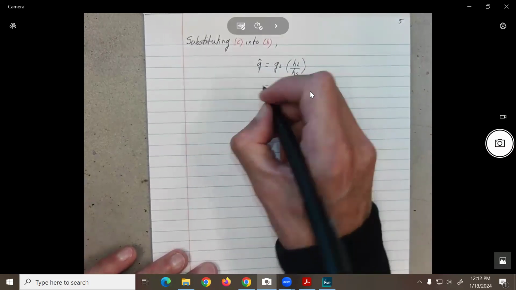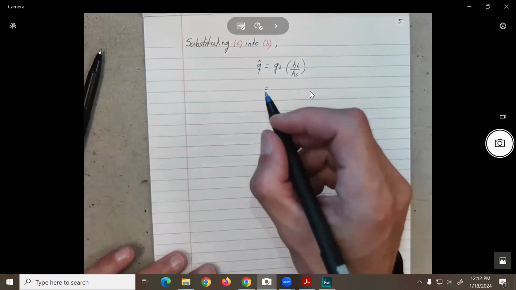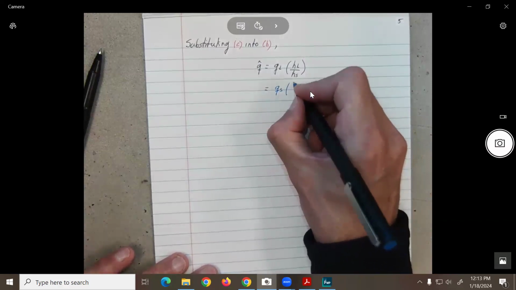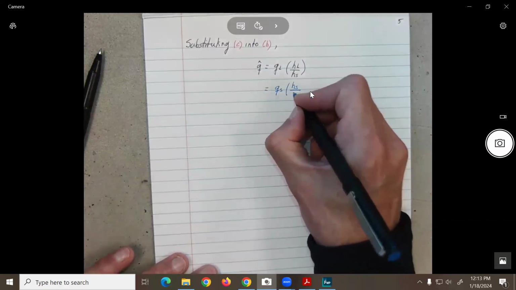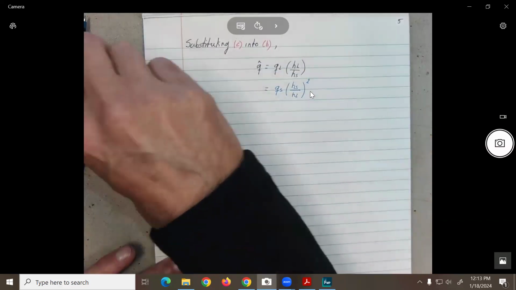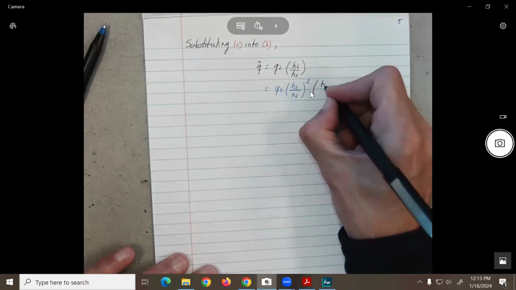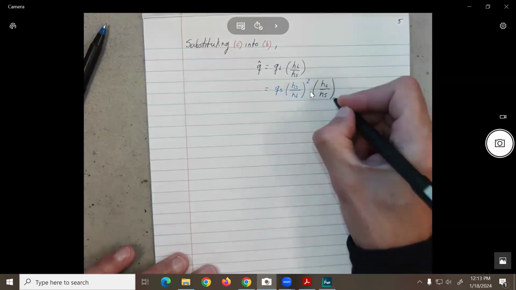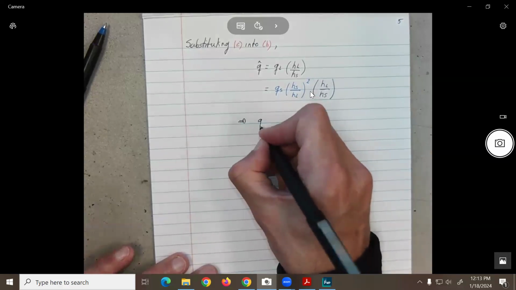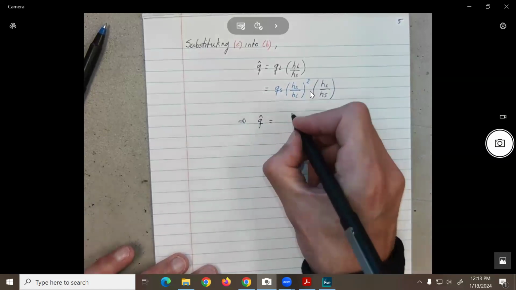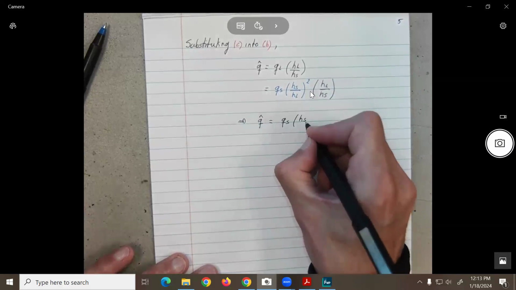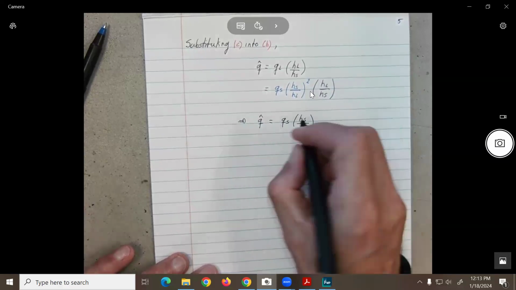So this will become Q short H sub S over H sub L squared, times H sub L over H sub S. So that at the end we have Q hat equal to Q sub S H sub S over H sub L.